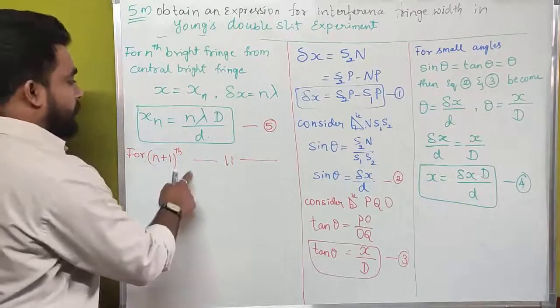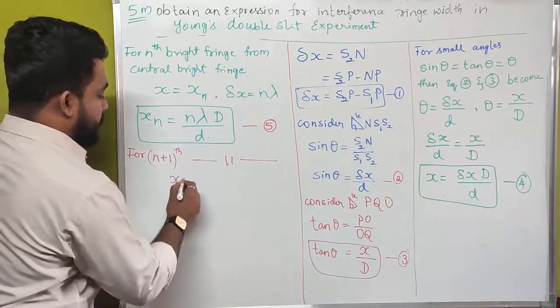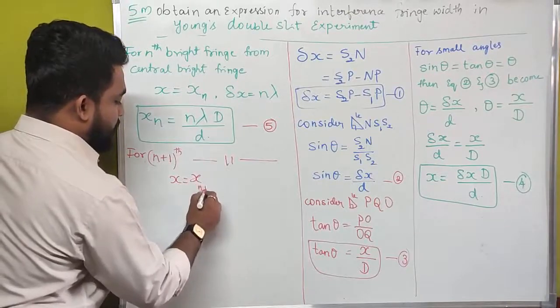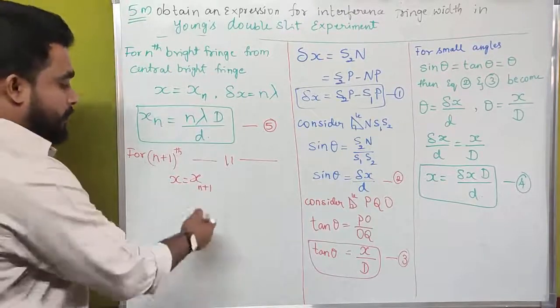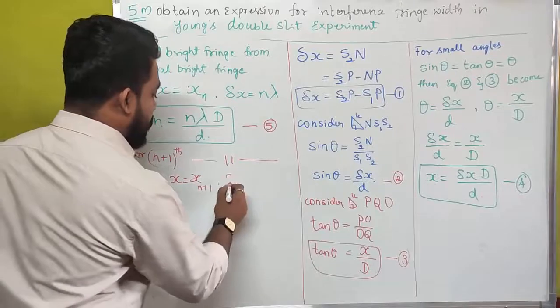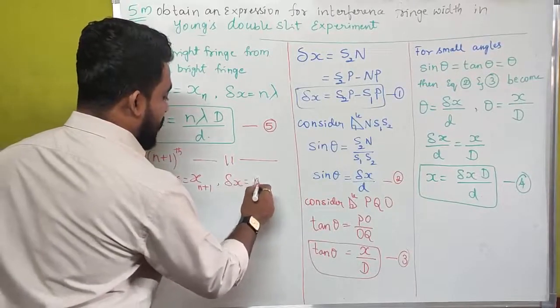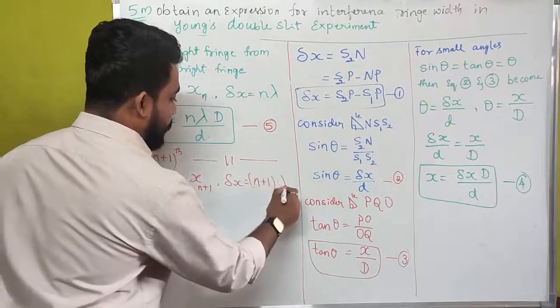For the n plus 1th fringe, x has become x of n plus 1, and delta x has become n plus 1 into lambda, that's it.